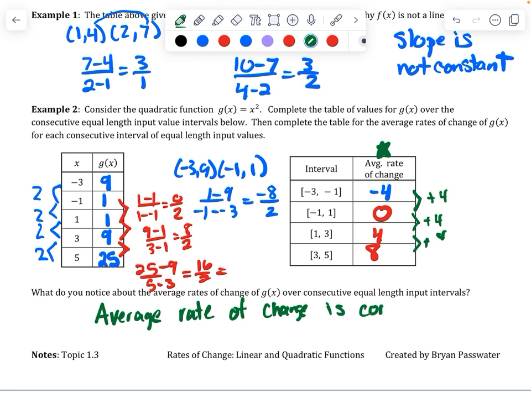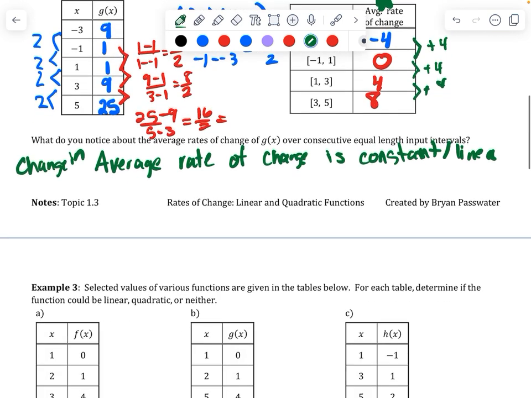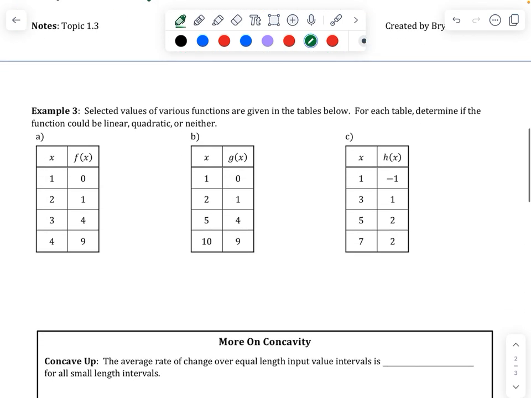The change in the average rate of change is constant, or sometimes you might see it described as linear. So it's a wording thing here. Our average rate of change is that first difference, and then the change in that. Sometimes you'll see that the second difference is the same, which we talked about.